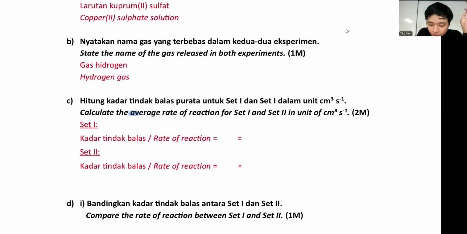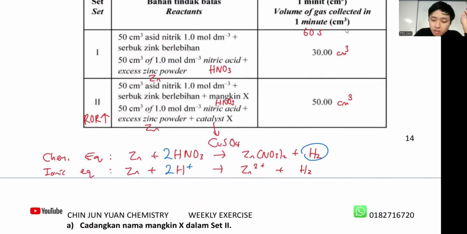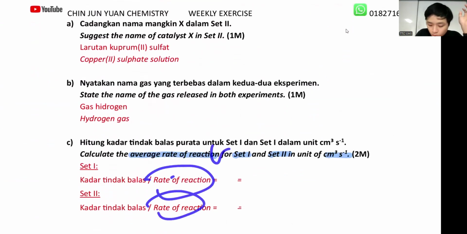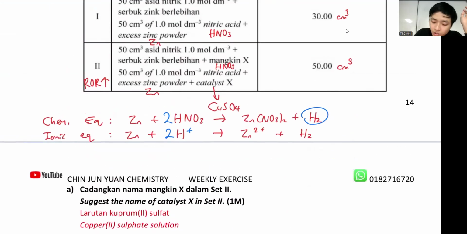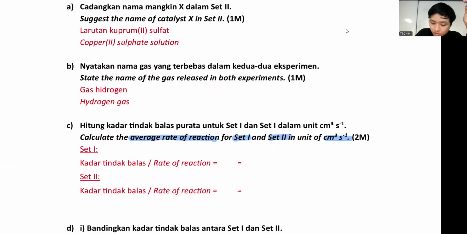Calculate the average rate of reaction in set 1 and set 2 in cm cube per second. That's why you have to change 1 minute to 60 seconds. So same thing, rate of reaction is volume over time. So basically, set 1 is 30 cm cube divided by 60 seconds. The other one, 50 cm cube divided by 60 seconds.